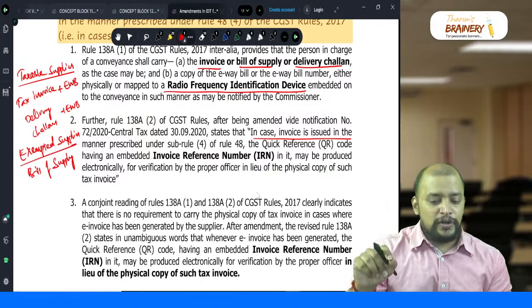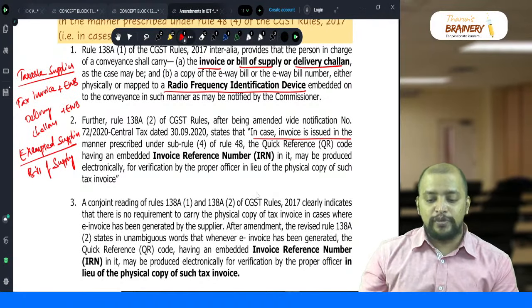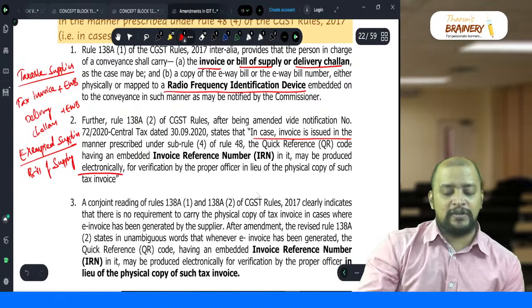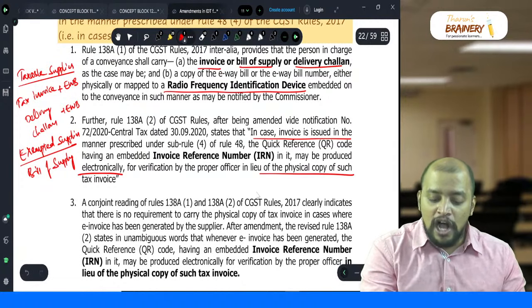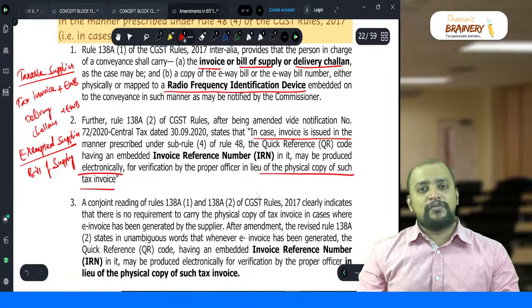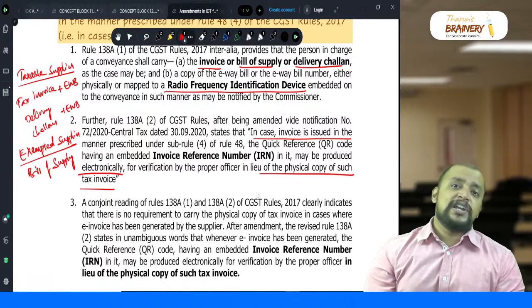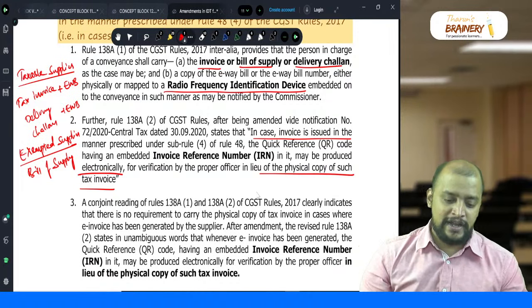That also you can produce electronically for verification by the proper officer in lieu of physical copy of the tax invoice. So no need to produce it physically. If you produce it electronically it is okay. Just the QR code, if you produce it, is okay.